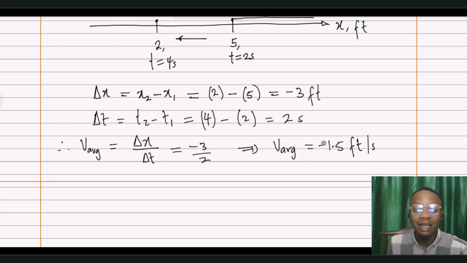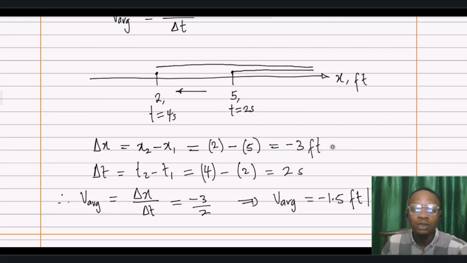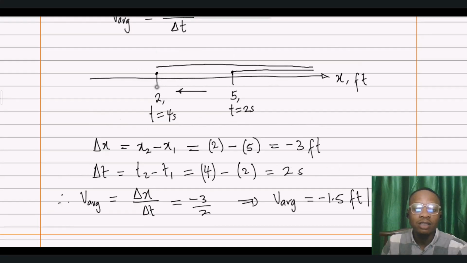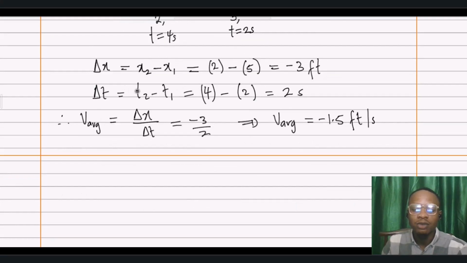Now, the average velocity is a vector. The negative sign implies, in this case of rectilinear motion, again, please have that in mind as you go through this, that the direction is the negative coordinate direction. So we say that the positive coordinate direction is rightward, the negative coordinate direction is then leftward.